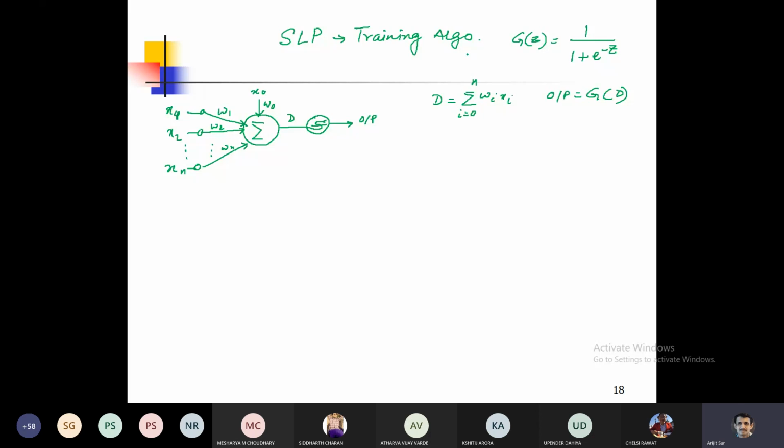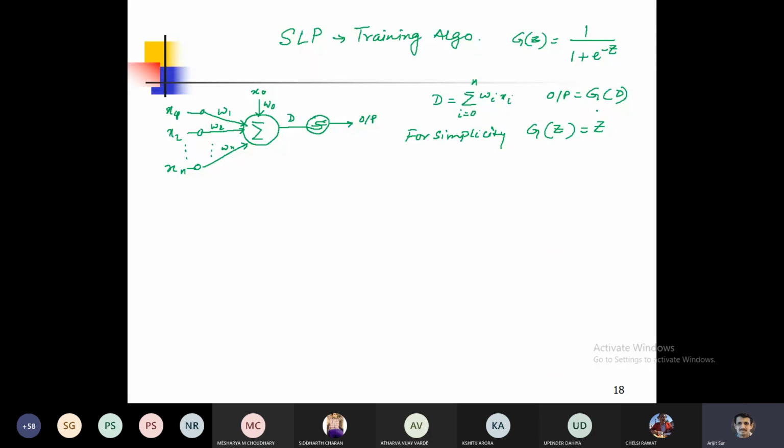Now, for simplicity, we say that this G of z is equal to z.